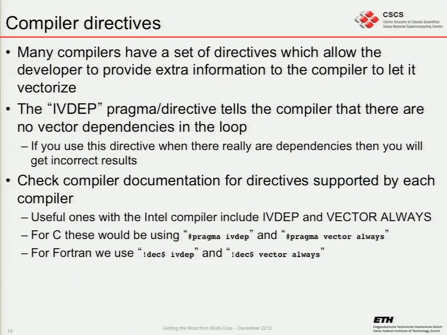So useful ones are IVDEP and vector always that I would put in myself. The SIMD one, as Ben was saying, gets stronger and stronger. It gets more and more dangerous, okay? Because if you tell it to do something, the stronger it gets, the more it says, you told me to do it, I'm going to do it, whatever. Even with the weakest, IVDEP, you tell it, I am telling you there is not a dependency in this loop.